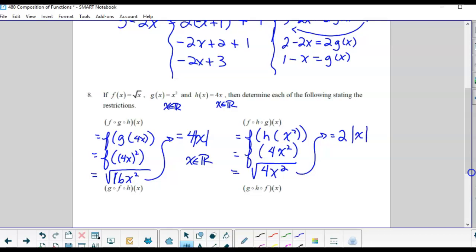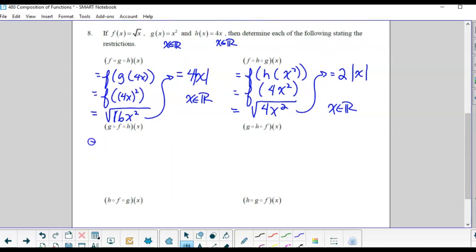Because we could have here x squared, x could be anything, and we get a positive out, multiplied by 4 is still a positive, and when we take the square root, we'll get a positive. But x could have been a negative to start. This is all real numbers as well, because that square root is happening at the end.